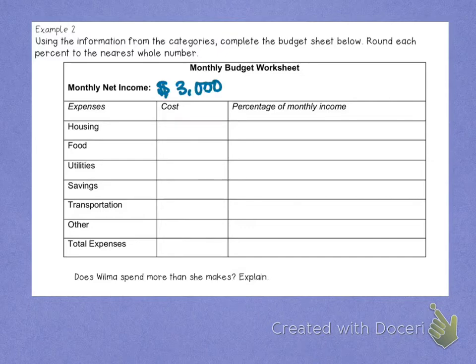Okay, so for our percentages, housing is $900. You're going to have a ratio or a proportion that you're going to set up. So I'm going to go over 2 pages and set that up right here.